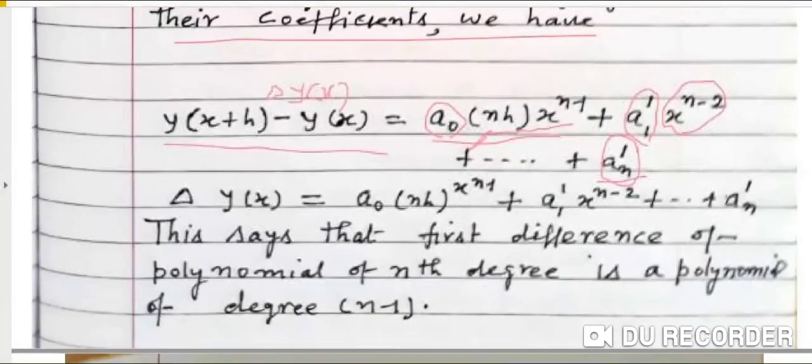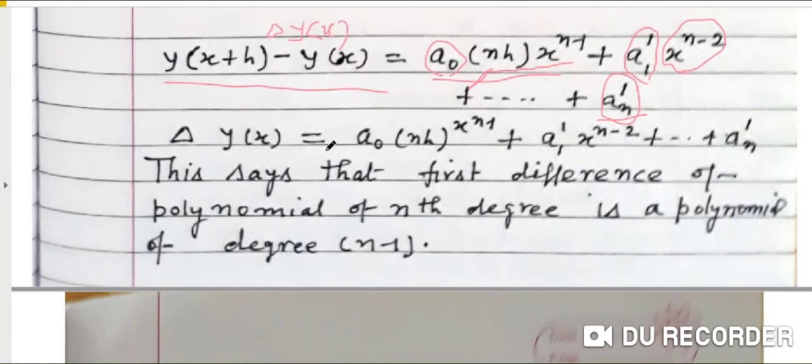Now you look at the first difference. Ultimately we are going to have this one. What is the degree of the polynomial after taking the first difference? You look at x to the power n minus 1.